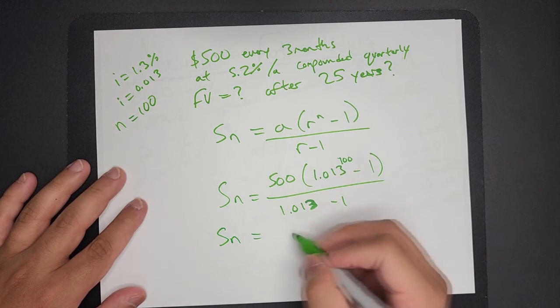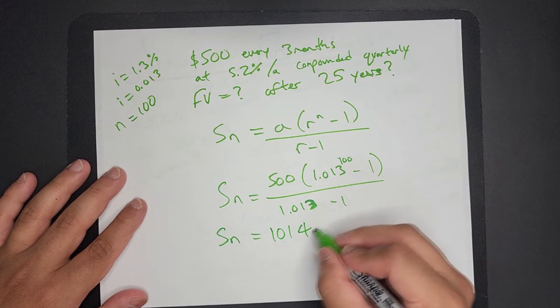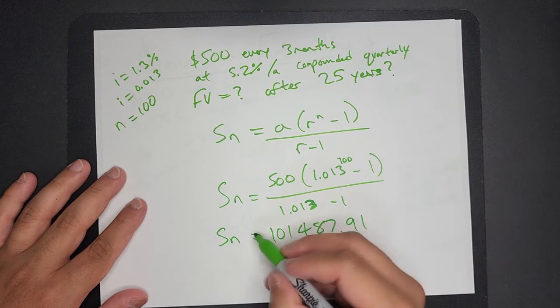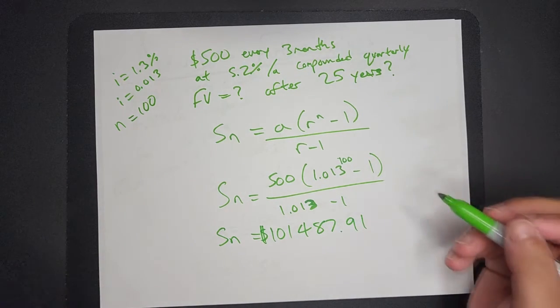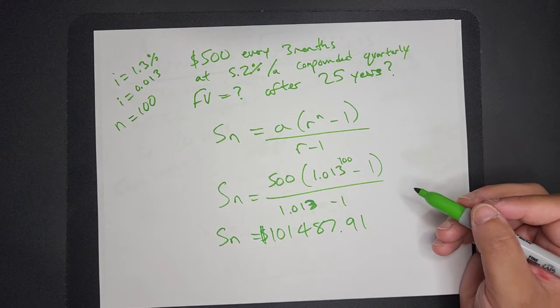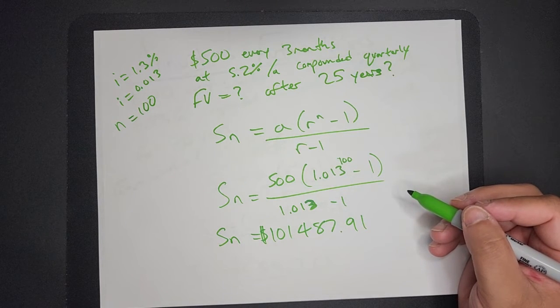And now we have $101,487.91. That is us compounding. Really makes you want to save.